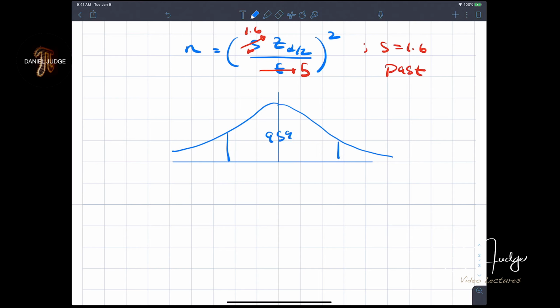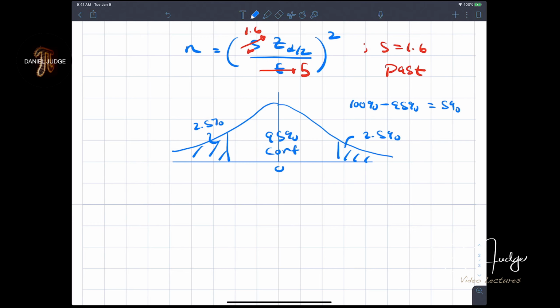So here's 95% confidence. And that means, remember, the complement of 95%, you say this is 100% minus 95% is 5%, and that means this is 2.5%. And this is 2.5%.